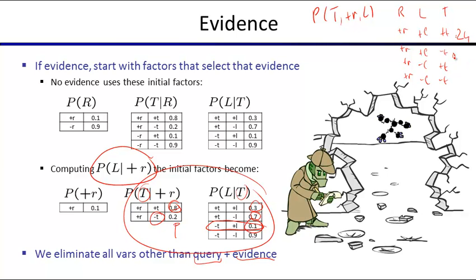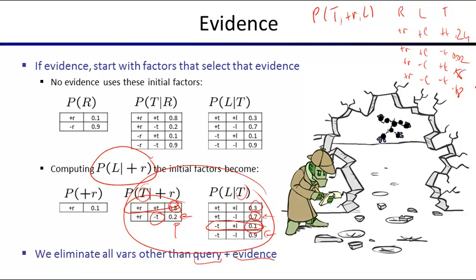So this would be 0.02. Plus t minus l plus t is this one, minus l plus t is this one here. So that would be our 0.56. And then the last one, minus l minus t, that's here and here. So that's 0.18. That would be our join on t.